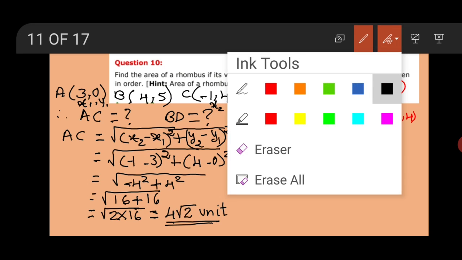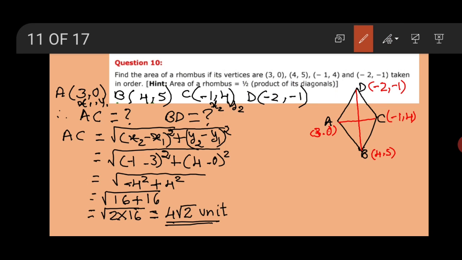Now find the other diagonal BD. So take coordinates of B as x1, y1 and coordinates of D as x2, y2. Again use the distance formula.